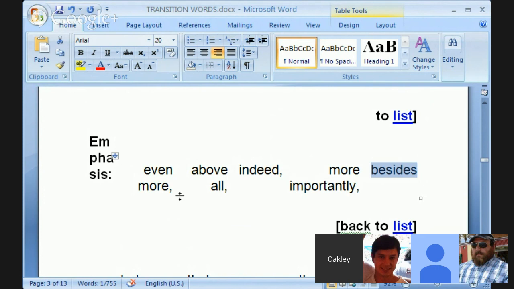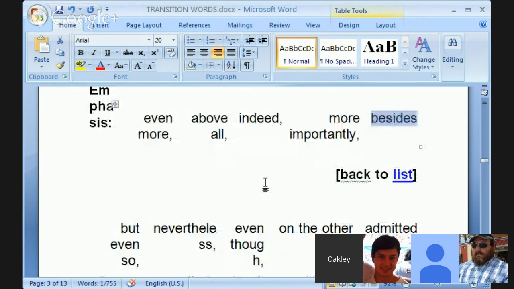I don't have any money, but more importantly, my car is in the shop, so I can't go. So you hear a little transition, and you're emphasizing the most important reason.